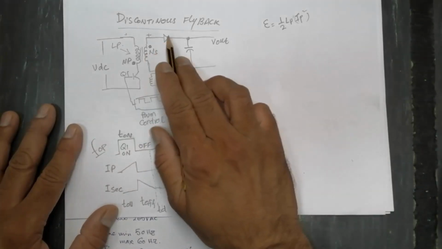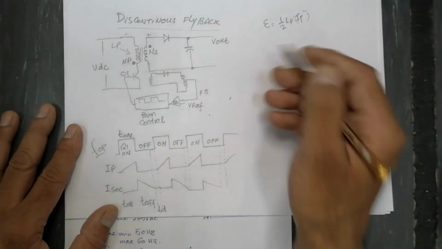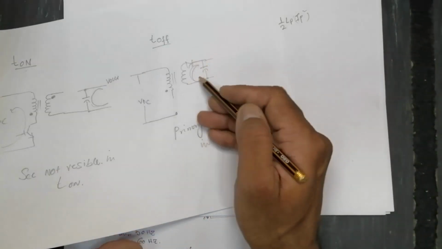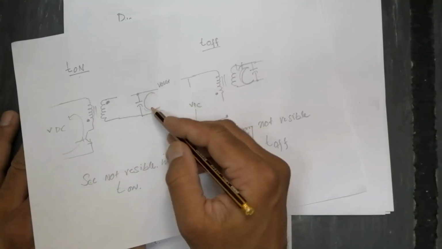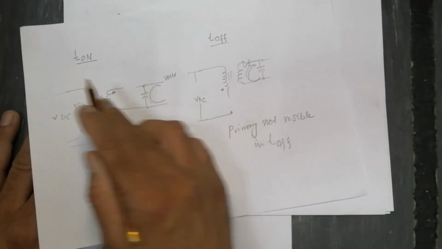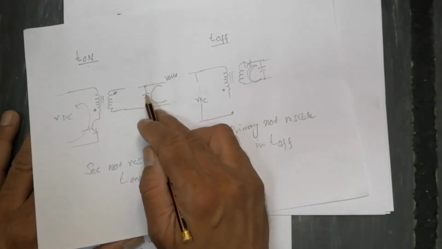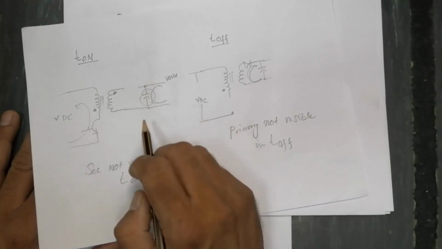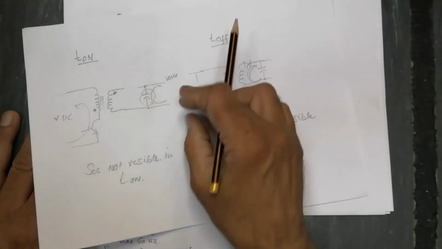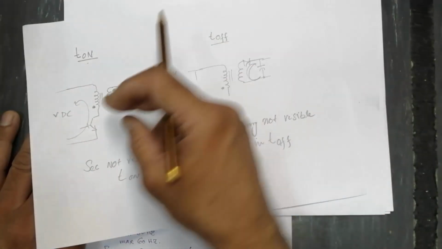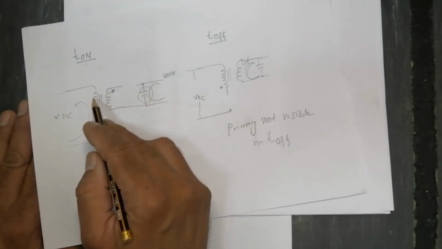But when the current was flowing, it charged the capacitor. Sorry, in T on the load will take current from this capacitor. This output capacitor will fulfill the requirements of the load during T on, and while doing this operation it will store energy.